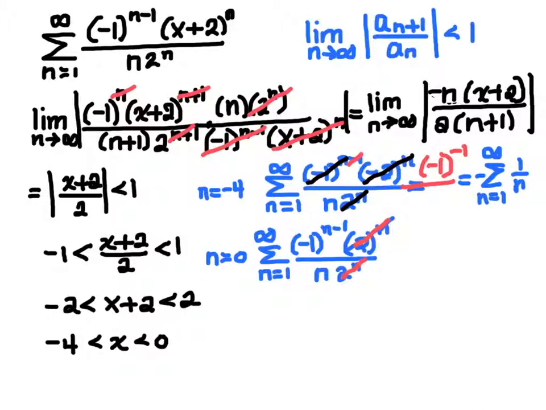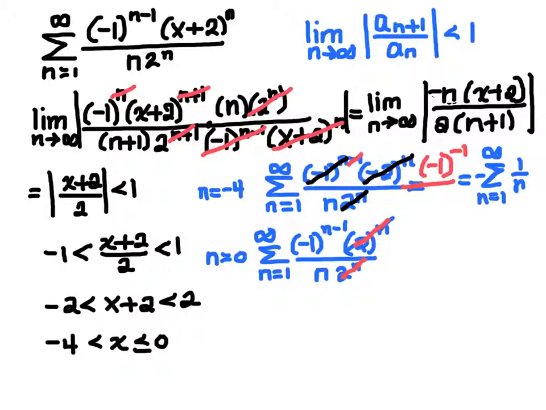And we end up with an alternating harmonic series, negative 1 to the n minus 1 over n. So this one is not like the first one at negative 4, where we had a negative harmonic series. Now we have an alternating harmonic series, and an alternating harmonic series converges.